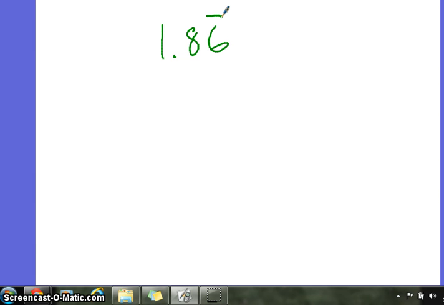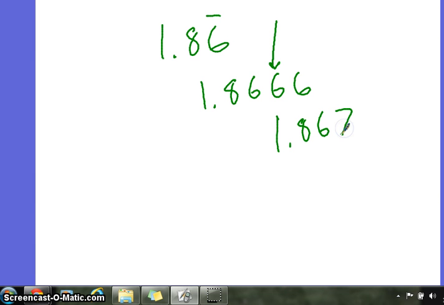No, so I need to show it. I'm going to write this problem like this, adding one more 6 and another. The thousandths place is right there. The number after it is 5 or more, so 1.867, because I rounded it to the nearest thousandth. I knew what to add because the 6 repeats. Find my thousandths place, look at the number right after it, and round it.